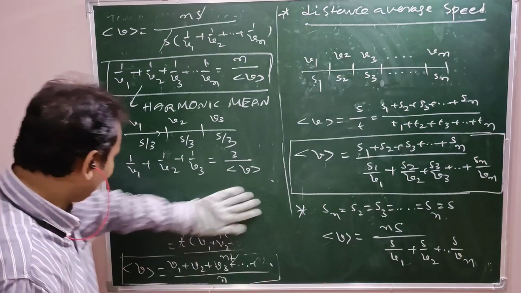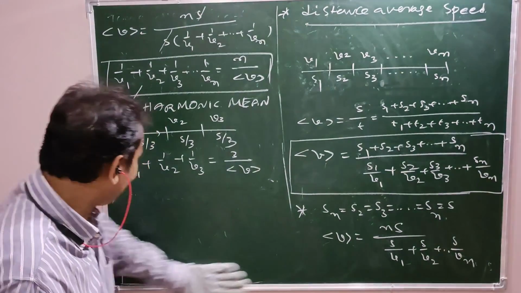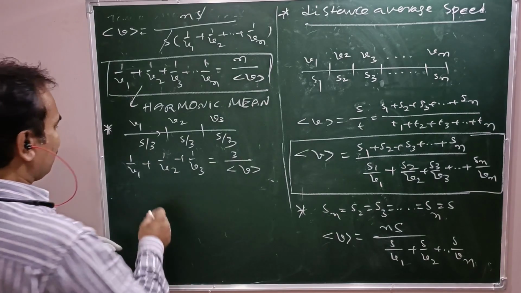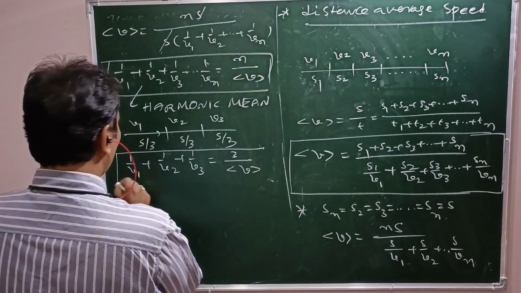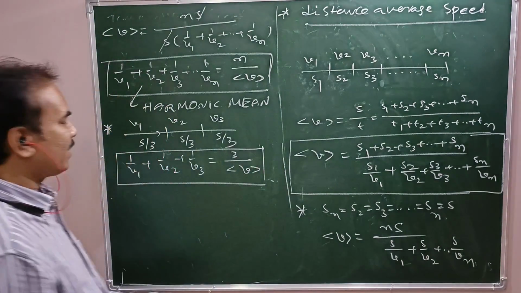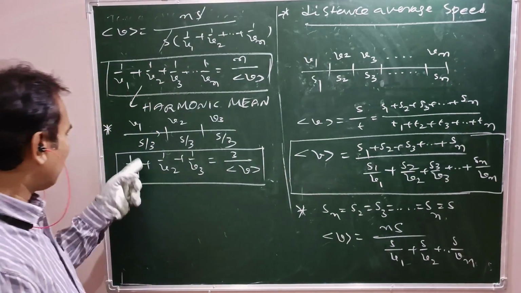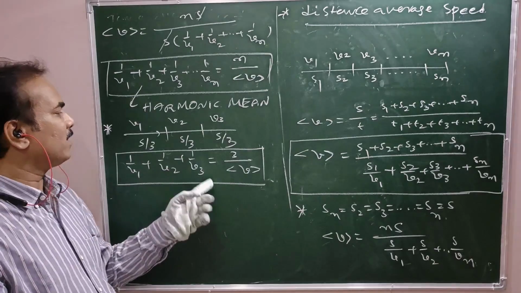On extending further, see here once. This is also the harmonic mean in case of 3 successive equal distances. So 1 by V1 plus 1 by V2 plus 1 by V3.